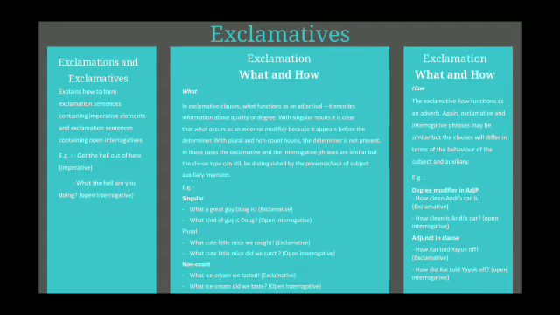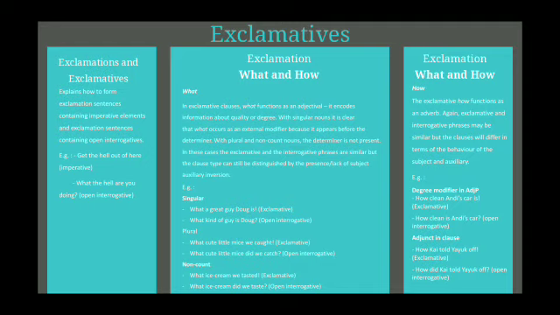For example, get the hell out of here. What the hell are you doing? And then what and how. What in an exclamation clause functions as an adjectival that encodes information about quality or degree.